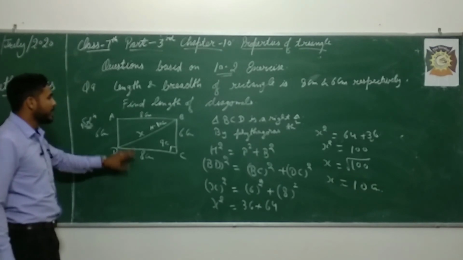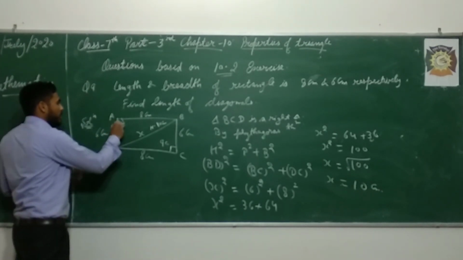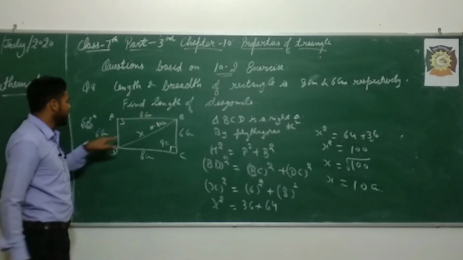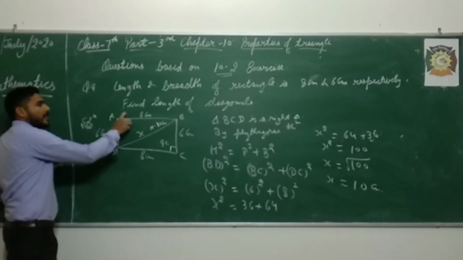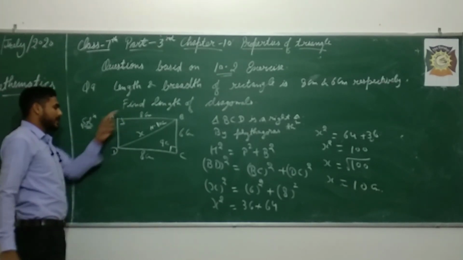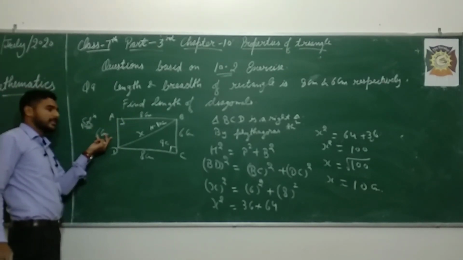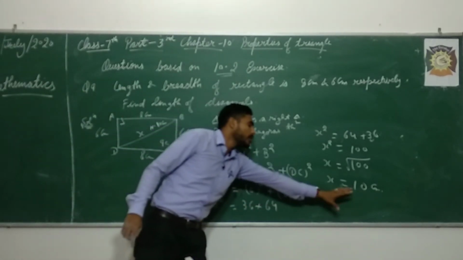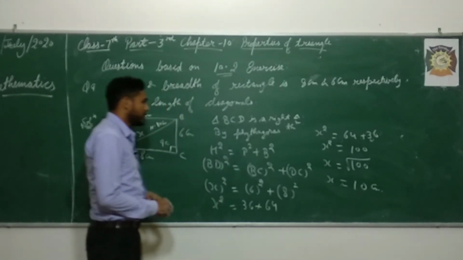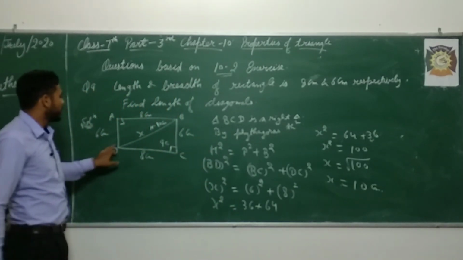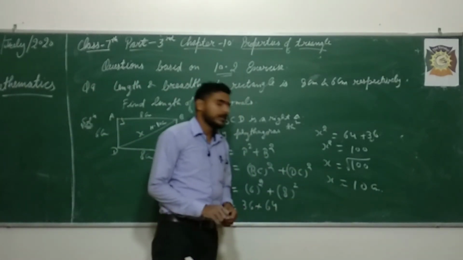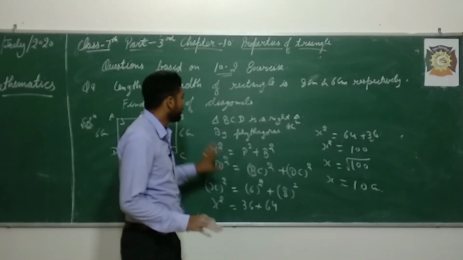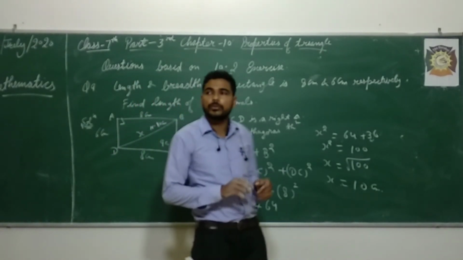And if we apply the Pythagoras theorem in right triangle ABD, again the base is 8 cm and the perpendicular is 6 cm. So the other diagonal is also 10 cm. So this is all for today.